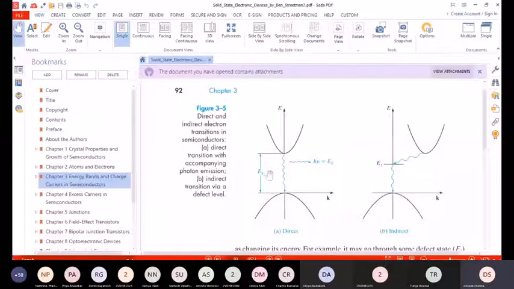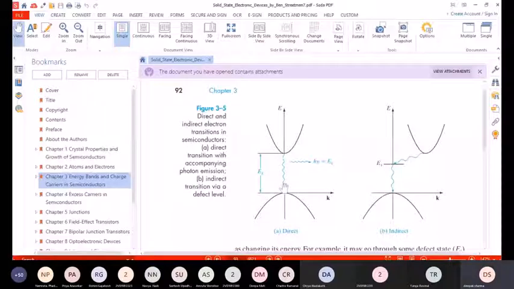Because there is an energy gap here. So whatever the energy gap is, that amount of energy will be liberated in the form of light. Why is it liberated in the form of light? Because the electron travels directly from the conduction band to the valence band without any sideways momentum.